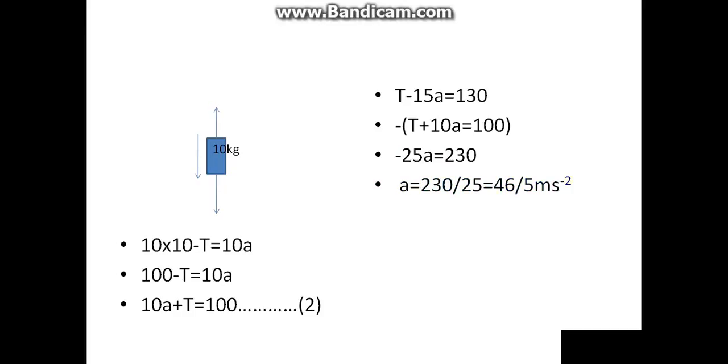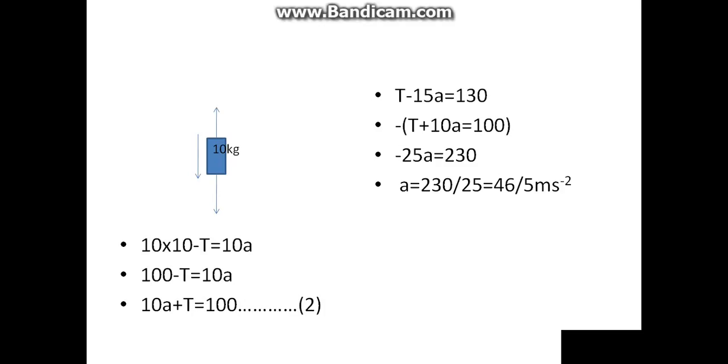A is equal to 230 over 25, which will now give us 6 over 5 meters per second squared. Just know that the minus sign there means that the body is going up, according to the question.